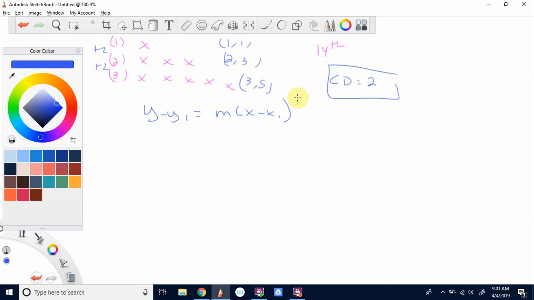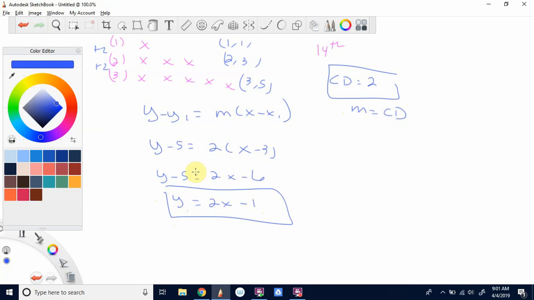All right, so we can put any point and the common difference as the slope into this equation, and we get y minus 5 equals 2 times x minus 3. So we're using the slope for the common difference. All right, so y minus 5 equals 2x minus 6, y equals 2x minus 1.